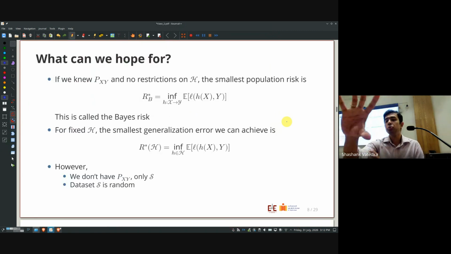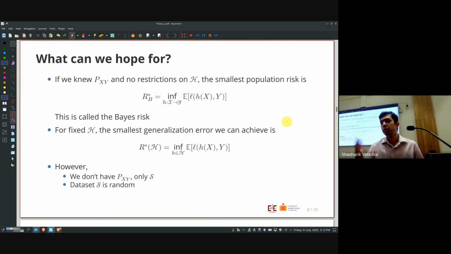So now we have these two quantities, which are sort of lower bounds to the population risk that we can achieve. The base risk, which is the absolute minimum, even if you chose H in the best possible way.